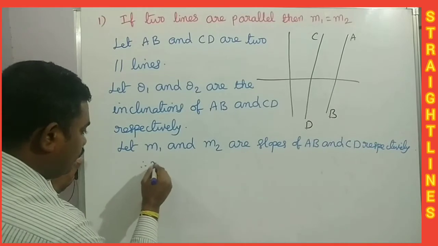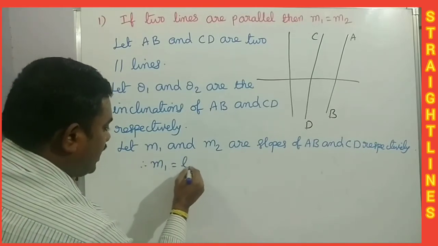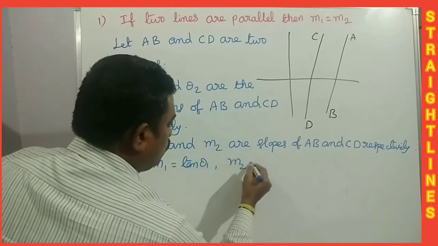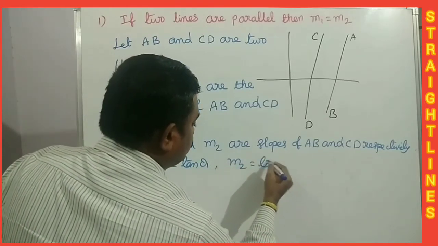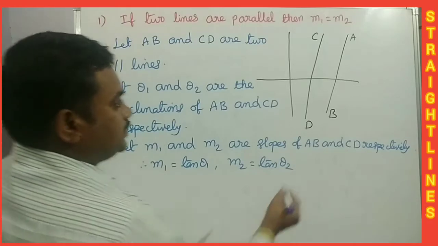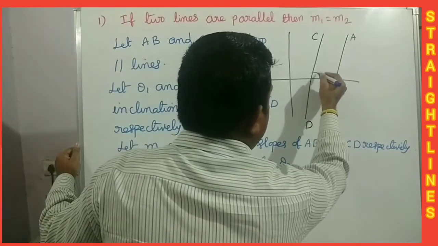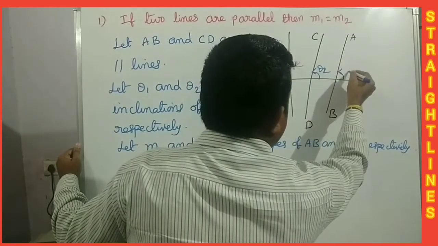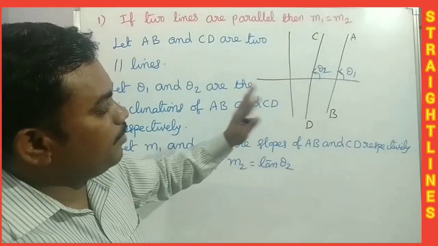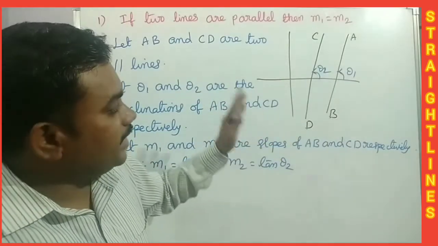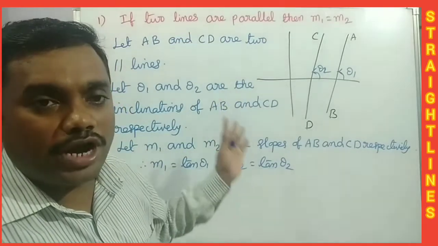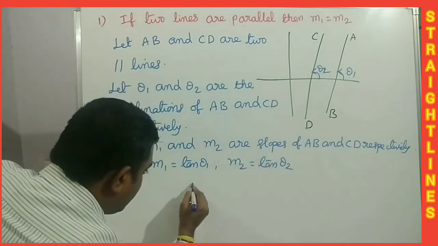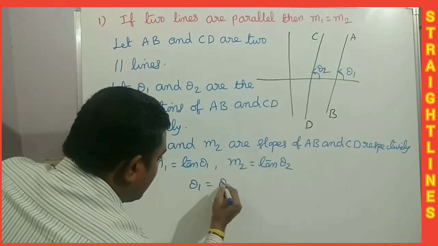Therefore, m1 equal to tan theta 1, m2 equal to tan theta 2. Now see here, this is theta 2, this is theta 1. Now see here, AB and CD are two parallel lines. Theta 1 and theta 2 are corresponding angles. Therefore, the corresponding angles are equal. So it is theta 1 equal to theta 2.